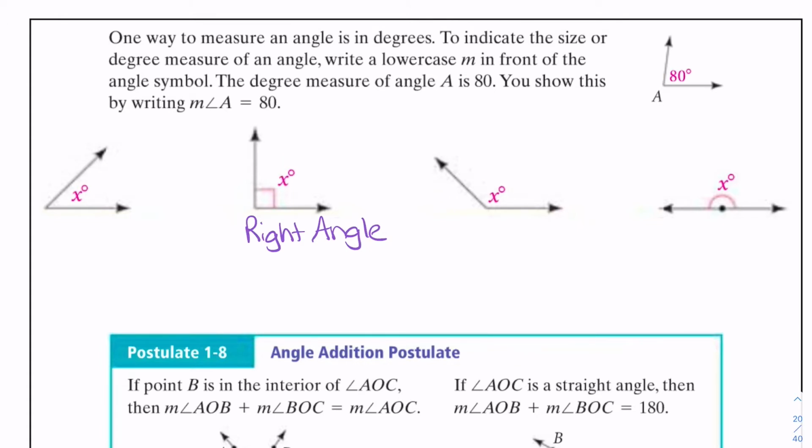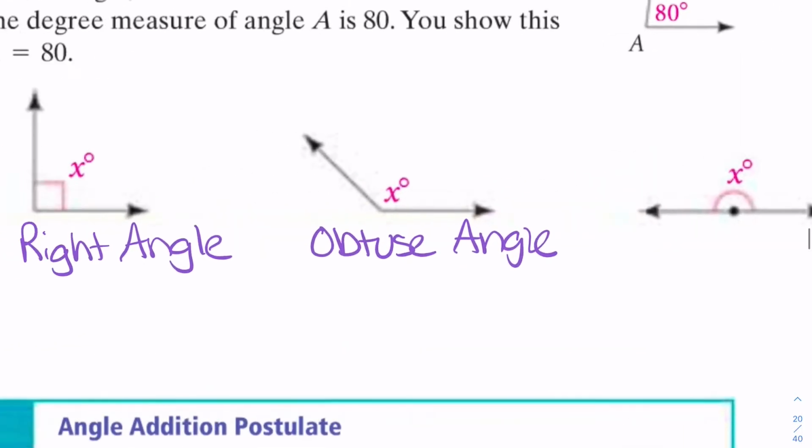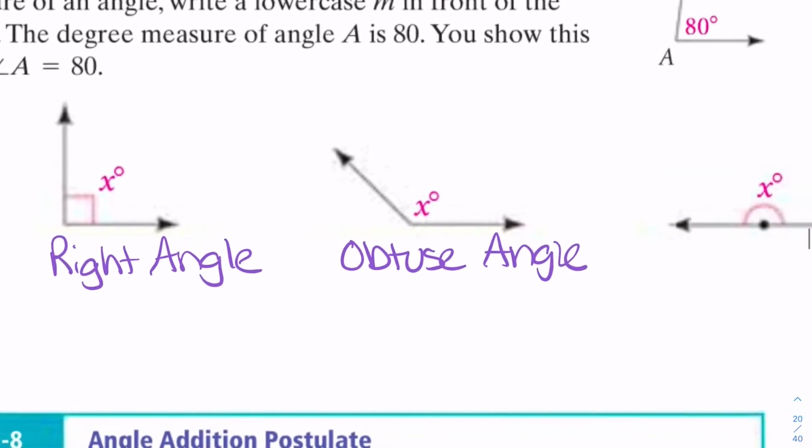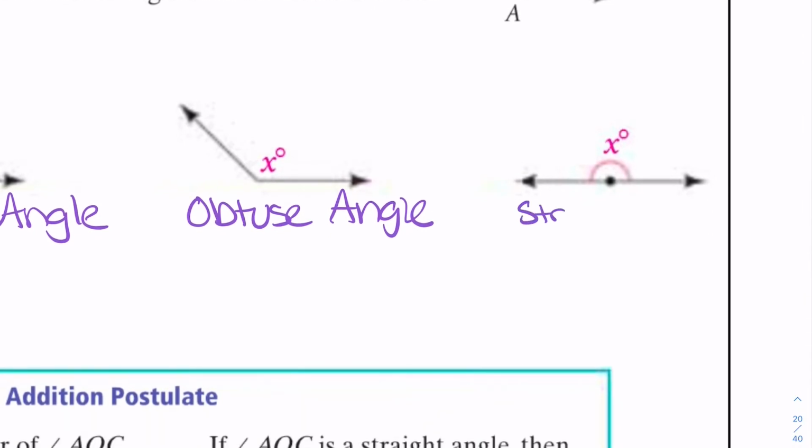Here, this one, if it's less than 90, we call it an acute angle. Here, this one is obtuse. And this one you're probably not too familiar with. We have acute, right, obtuse. But what happens when it equals 180 degrees? That's what we call a straight angle because it forms a straight line.